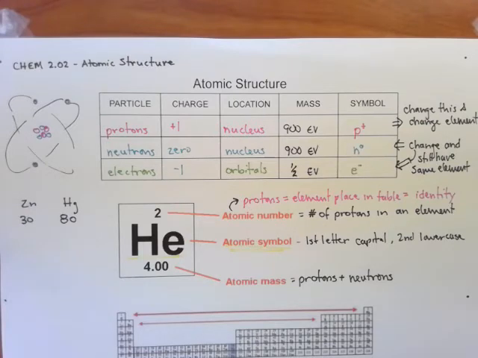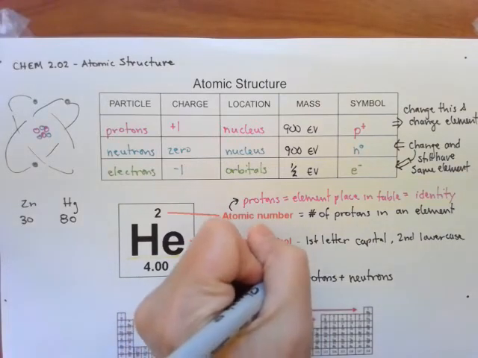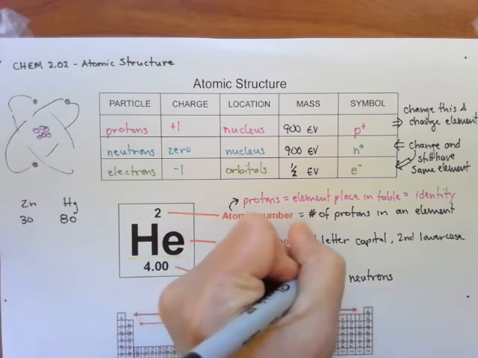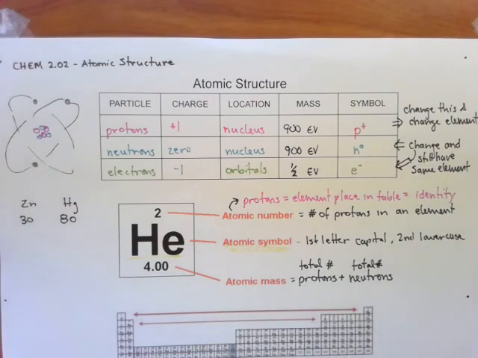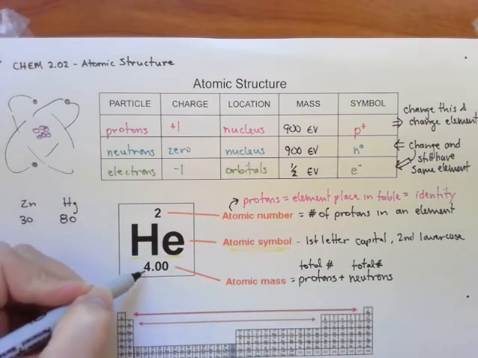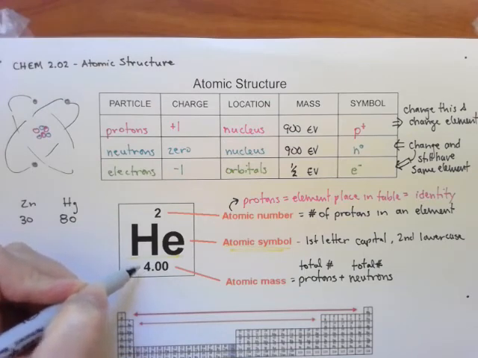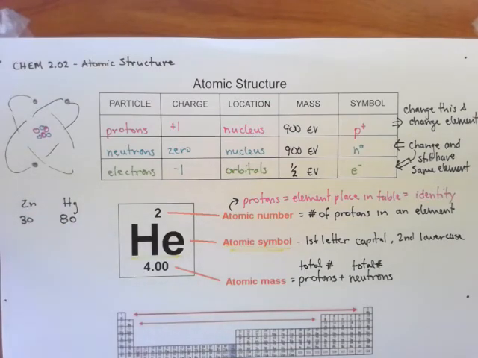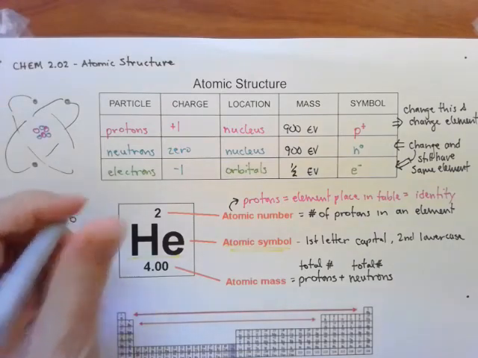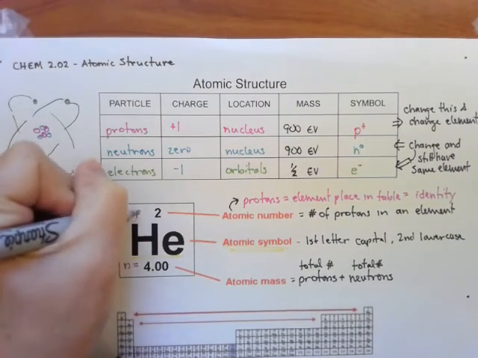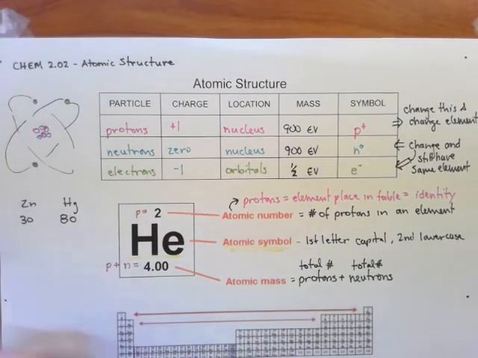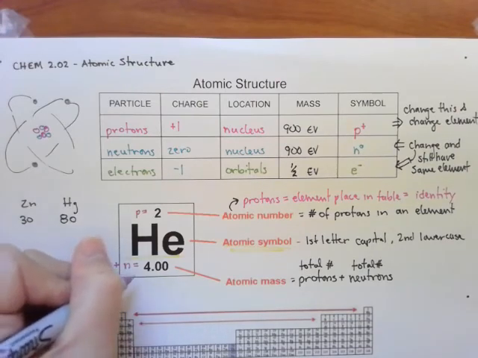So when we find the atomic mass of an element, we add up the total number of protons. We should probably write that, total number of protons and the total number of neutrons. Well, if this is the protons plus the neutrons, so this is P plus N equals 4, and I have 2 protons, 2 plus what number is going to give me 4, that must mean that my neutrons here are 2.